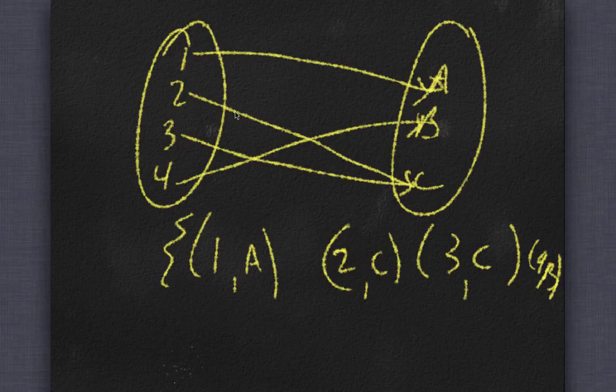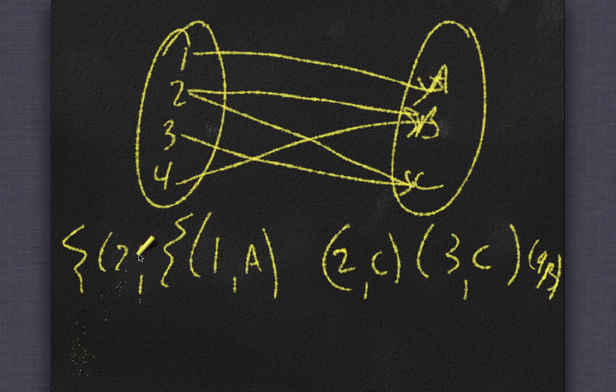Pretend there's a bracket over there. So this is a relation. I could also put 2 to B, and it would still be a relation.